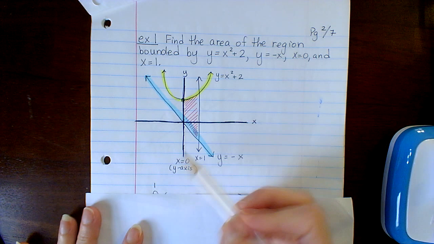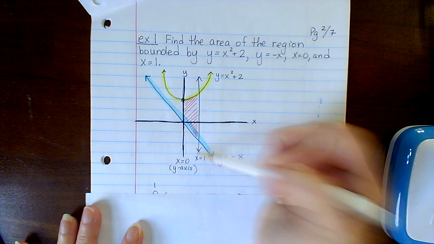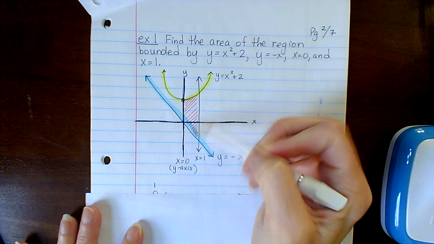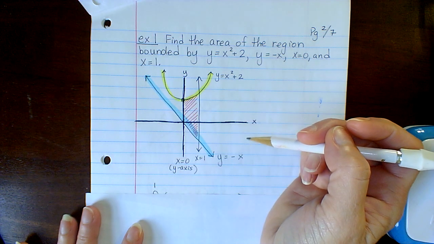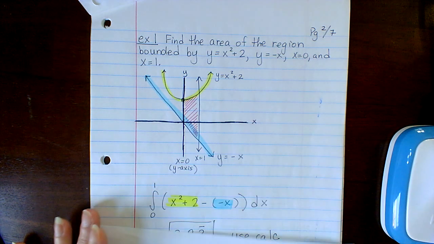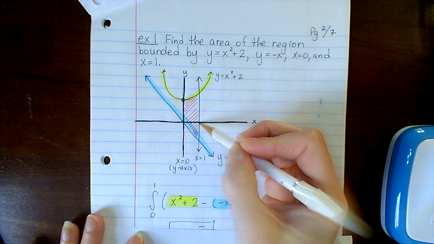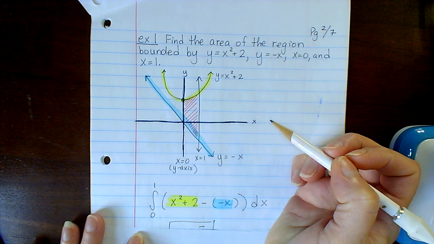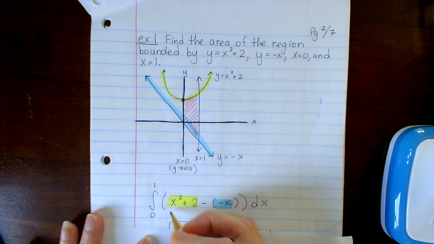X equals 0 is better known to its friends as the y-axis. Then we have x equals 1 over here. So this red stuff right here is my region of interest. So the area of this region would be the integral from 0 to 1 of this upper curve minus this lower curve.